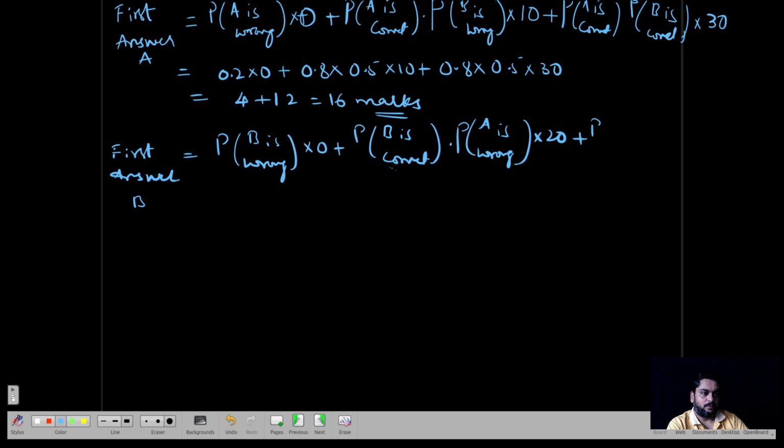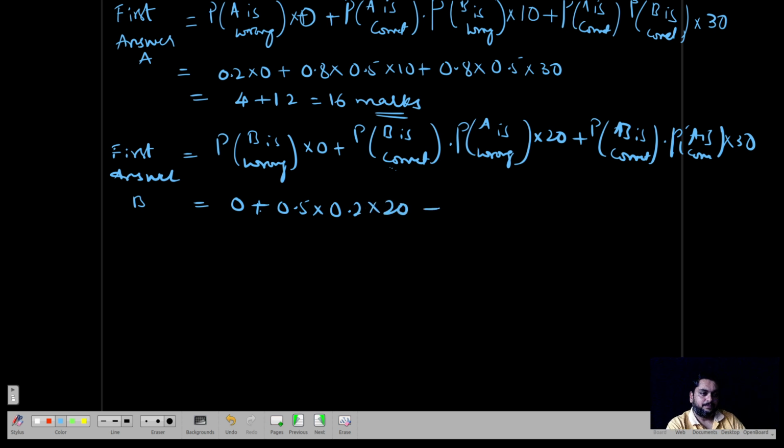Plus, if both are correct, B is correct and A is correct, we get 30 marks, the sum of the marks. So 0, plus P of B correct is 0.5 into A wrong is 0.2 into 20, plus B correct is 0.5 into 0.8 into 30. So this will be equal to 2 plus 12, 14 marks.